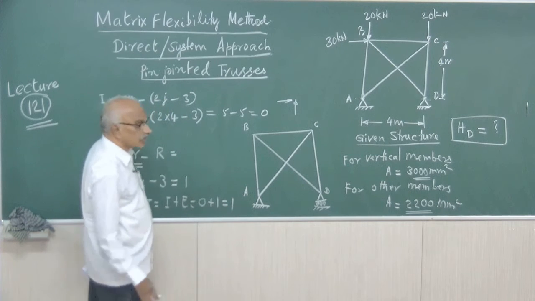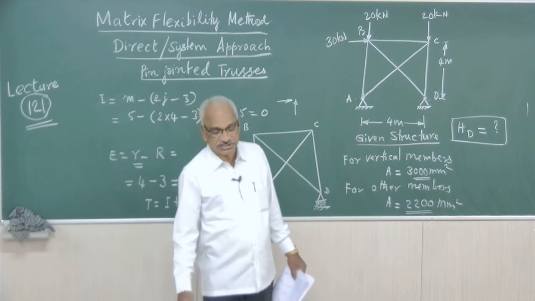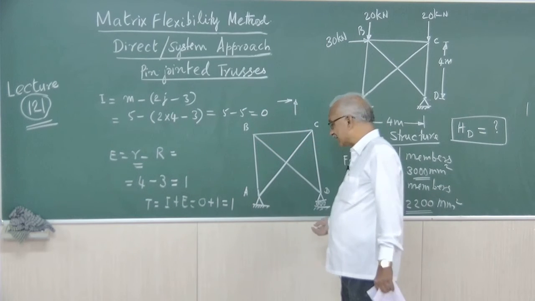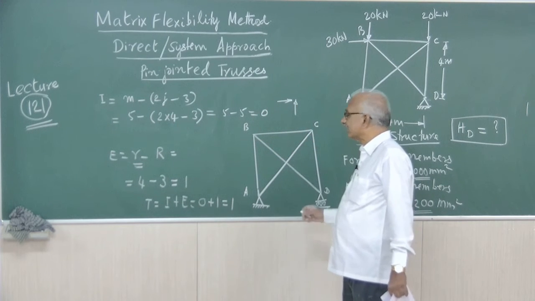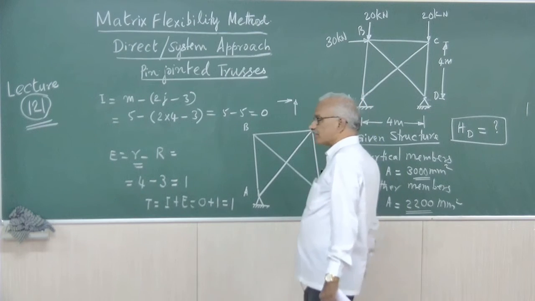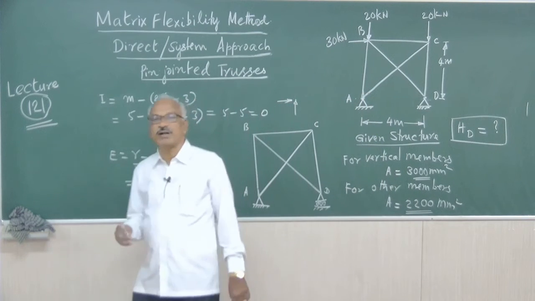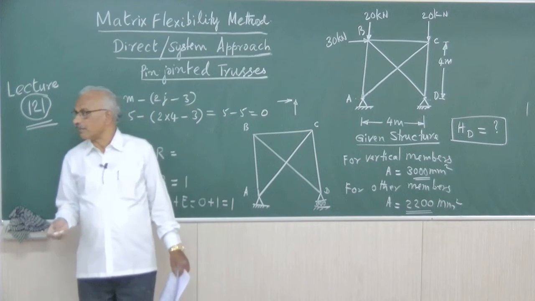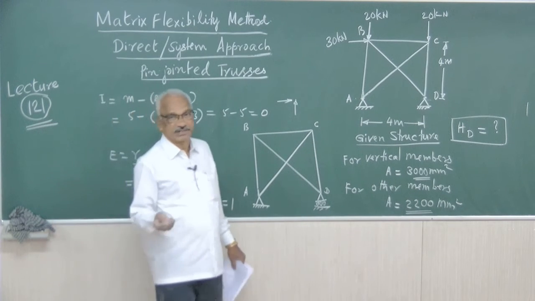This will not be given by the earlier formula that we discussed in the previous problem. So, the structure is externally indeterminate, right? Therefore, we have to remove any one external reaction component and make the structure statically determinate.